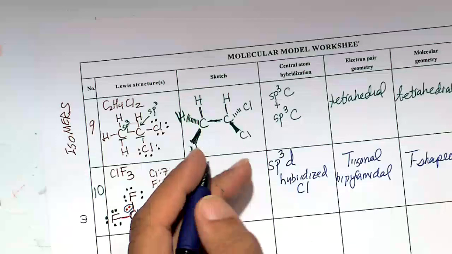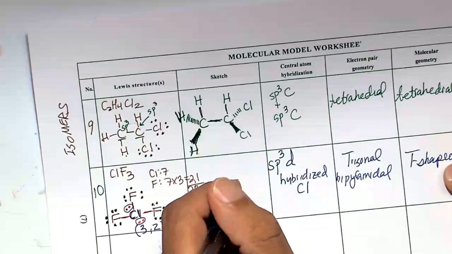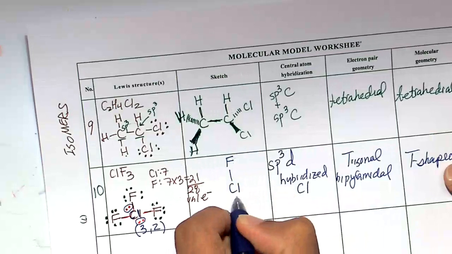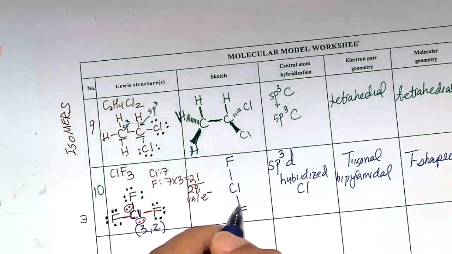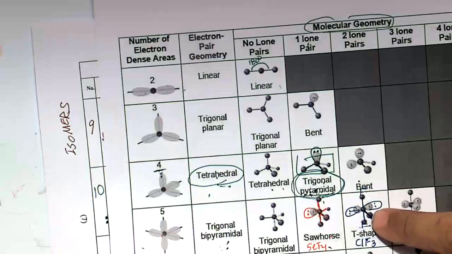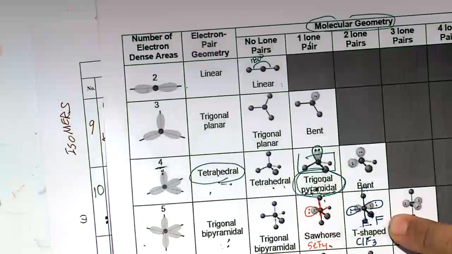So let me just use that to help me out. I'll have one chlorine, and then I'll have one fluorine go up. I'll have one fluorine go down. I'll have one lone pair left, one lone pair right, and have one fluorine as a wedge.